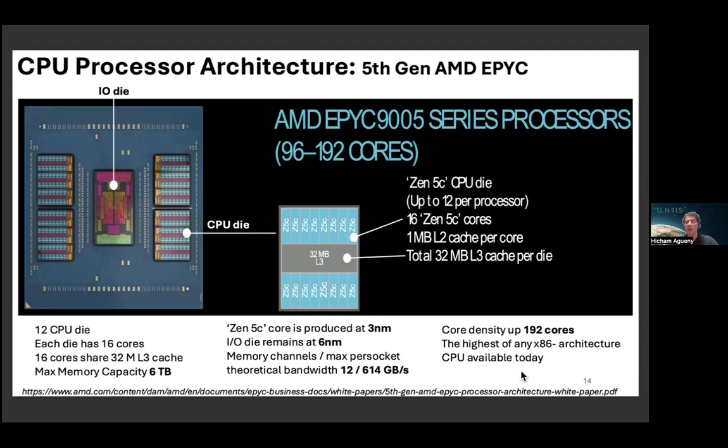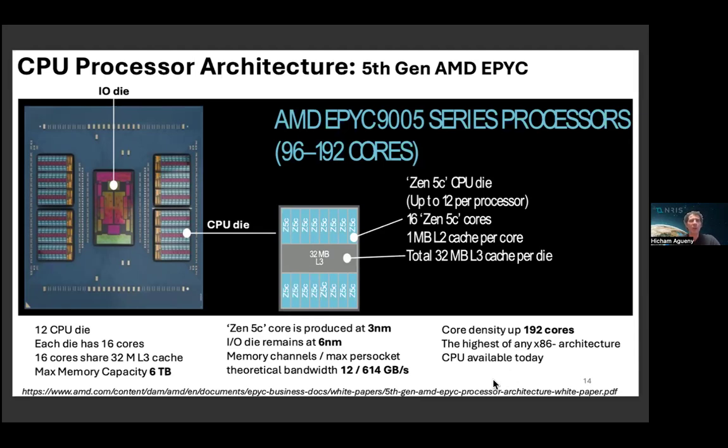This is apparently the highest CPU density available today. So I suppose with this kind of CPU processor, you can really run some AI training and do some relatively okay simulations. So this is for the CPU processor.